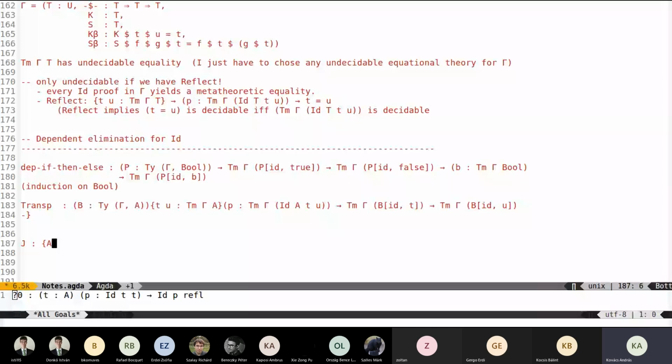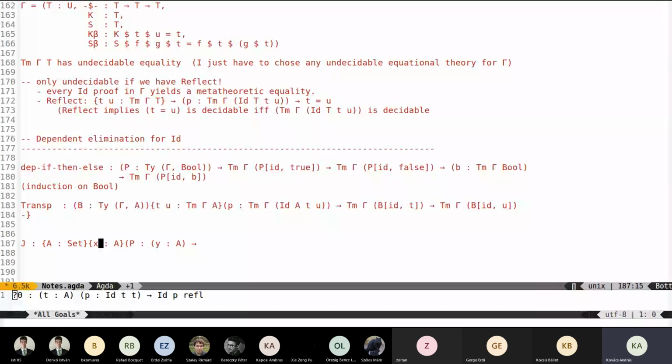So if I have a type, and if I have an element of the type, and then I have a P which depends on an equality proof such that the left-hand side is fixed to be this particular element.